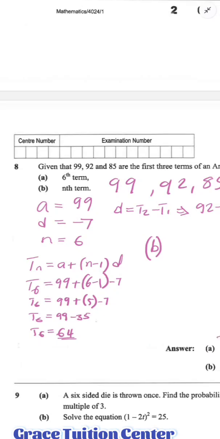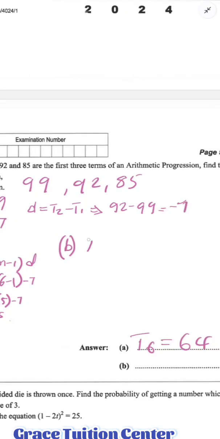So we go ahead here and write it down. Tn is equal to a plus n minus 1, this should be in brackets, d there. So when there's a, we put the first term. Where there's d, we put the common difference, but we're not going to put anything where there's n, because we're just finding the nth term.